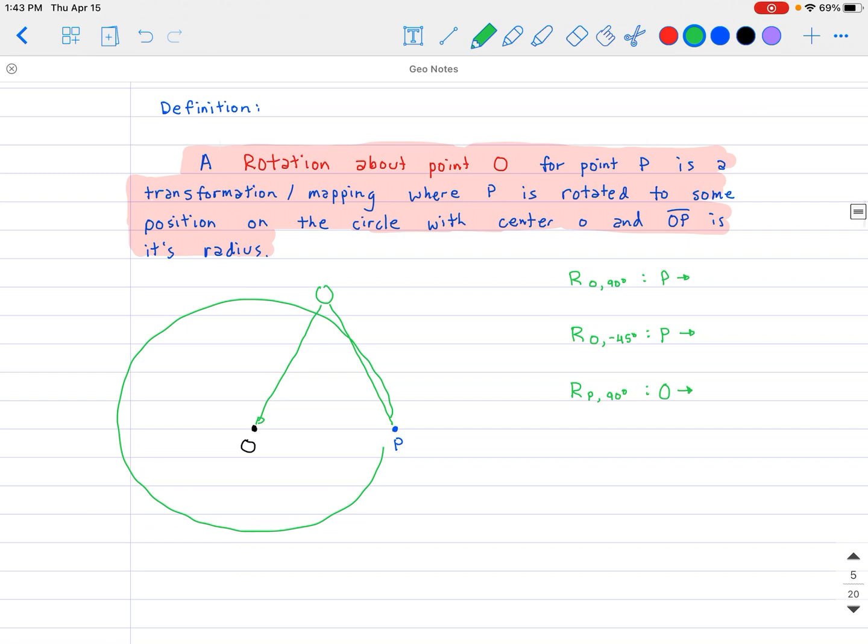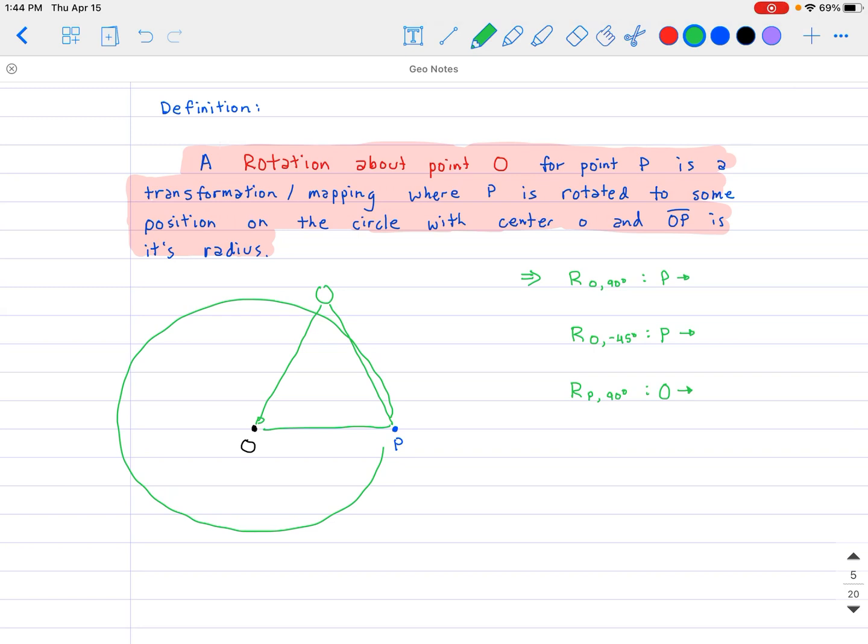So let's look at the first example. Let's say I want to take point P and rotate it about point O by 90 degrees. Again, you can draw that circle if it helps you see it better. Once you draw OP, we rotate it by 90 degrees on that circle. The rotation is just like the unit circle, so you rotate counterclockwise.